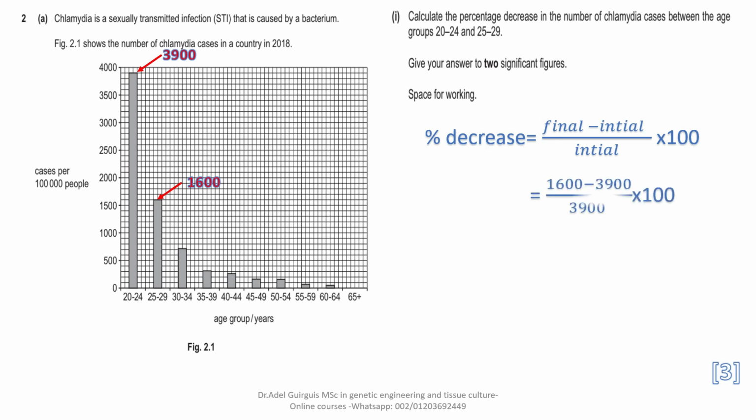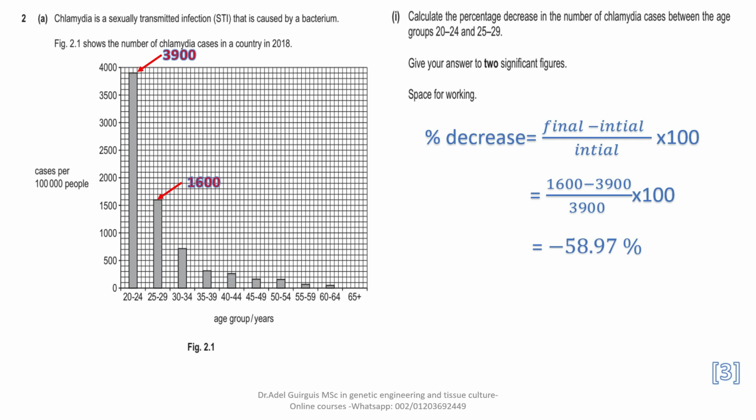So 1,600 minus 3,900, divide by initial 3,900, times 100, to create a percentage. By calculator, you find a negative sign. This shows you are correct, because here you ask about percentage decrease.